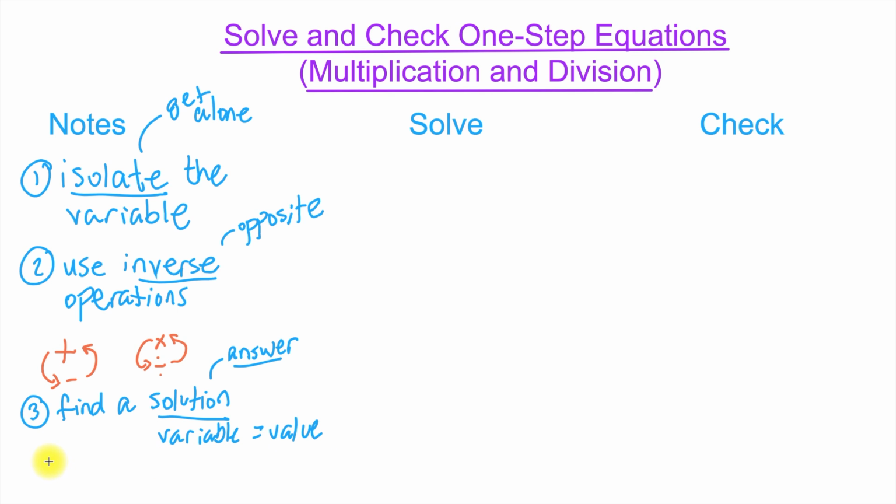So for example, your solution should look something like x equals 4, or y equals 7, where you have a variable on one side and a value on the other. If you want to flip it around, say 7 equals y, that's perfectly acceptable, as long as you have a variable on one side and a value on the other.